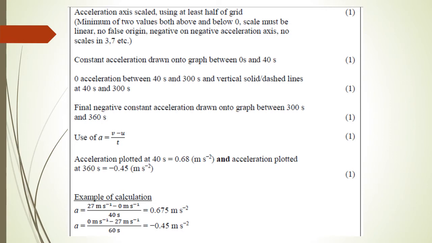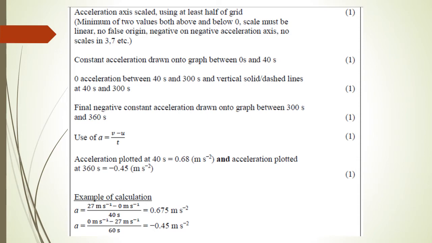Then constant acceleration is drawn onto the graph between 0 second and 40 second, what we found first, and zero acceleration between 40 second and 300 second. Then vertical solid dashed lines at 40 second and 300 second. Then final negative constant acceleration is drawn between 300 second and 360 second.